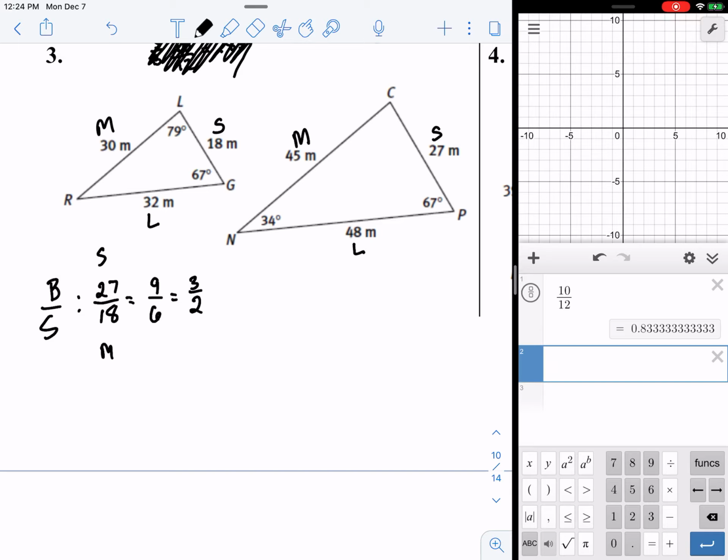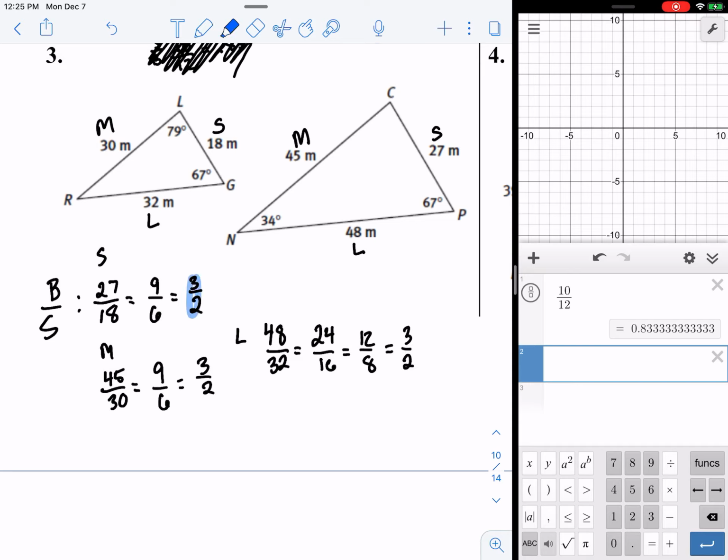My medium side, 45 to 30. Divide both sides by 5, I get 9 to 6, which is 3 to 2. And then last but not least, my large, 48 to 32, which is 24 to 16, which is 12 to 8. Divide both sides by 4, I get 3 to 2. And again, this is my ratio, 3 to 2, 3 to 2, 3 to 2. So I know these triangles are similar.